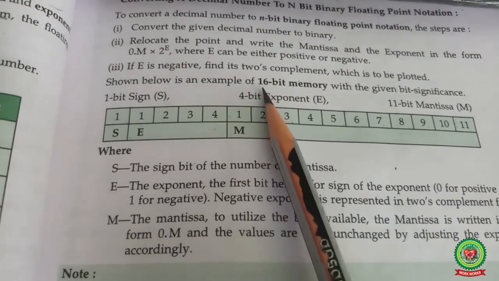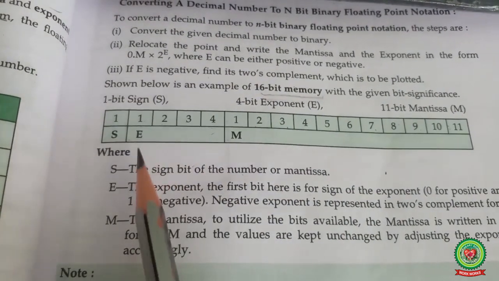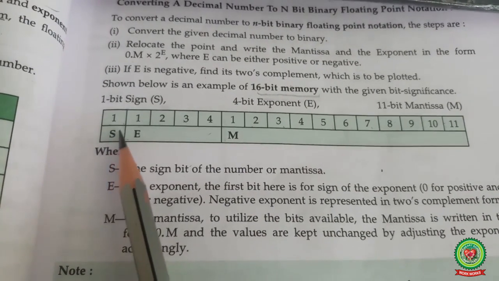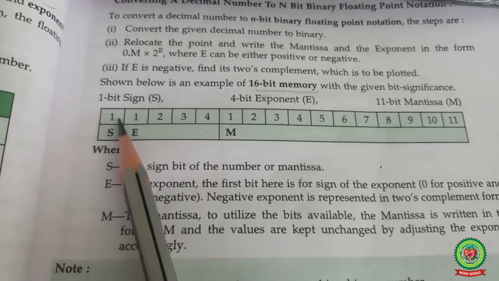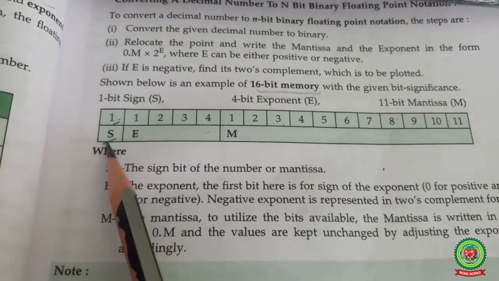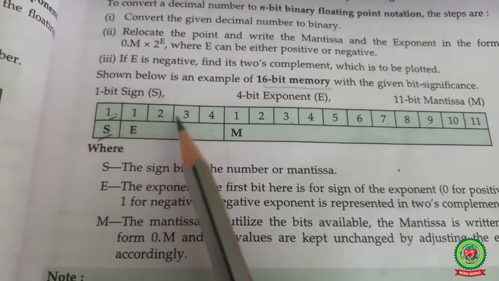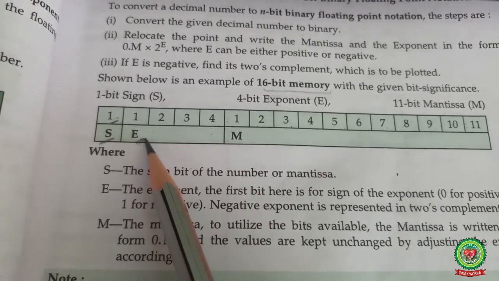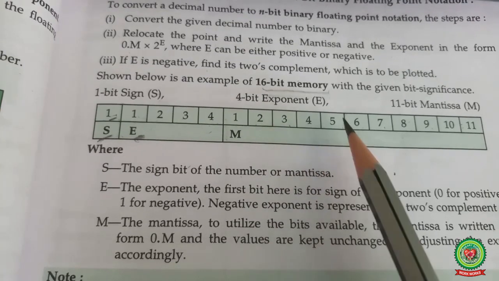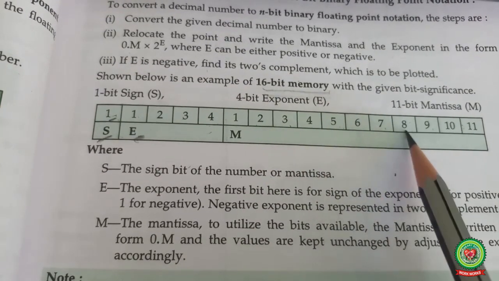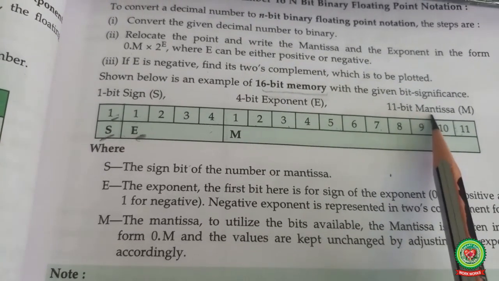Now we are going to do 16-bit memory representation. Students, note here we have divided 2 rows into 16 bits, where the first bit is for the sign bit, that is S. Next 4 bits 1, 2, 3, 4 are for the exponent, and the last 11 bits 1, 2, 3, 4, 5, 6, 7, 8, 9, 10, 11 are for the mantissa.